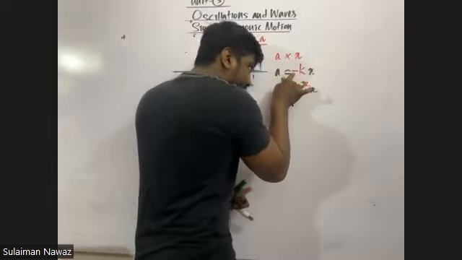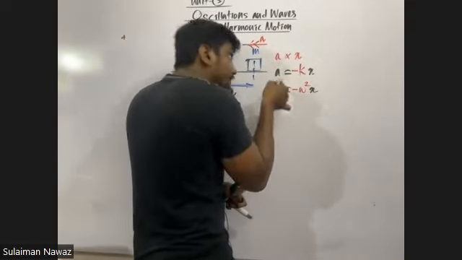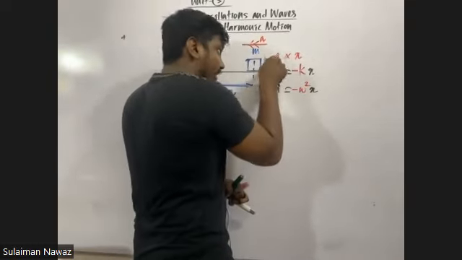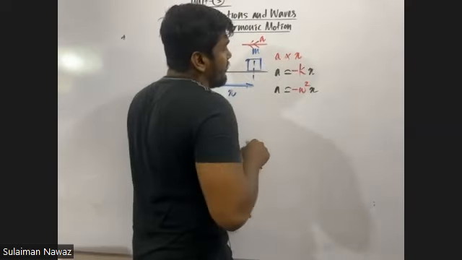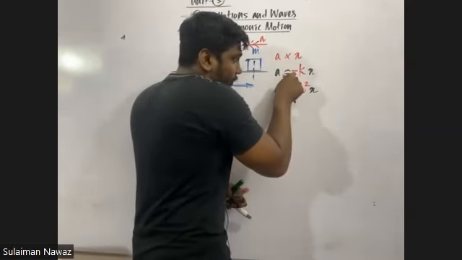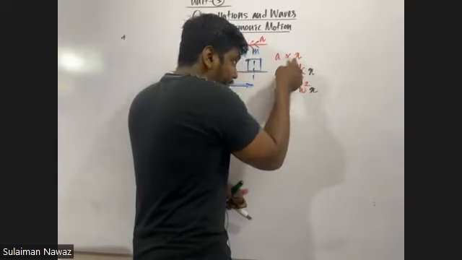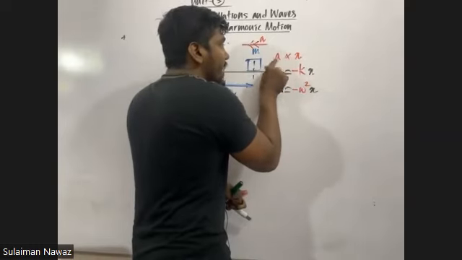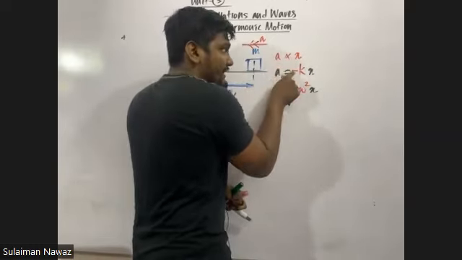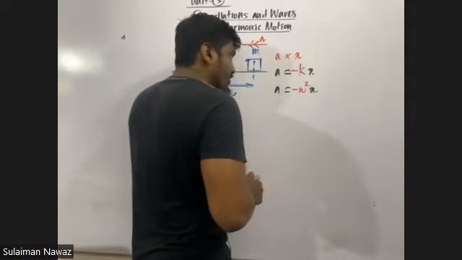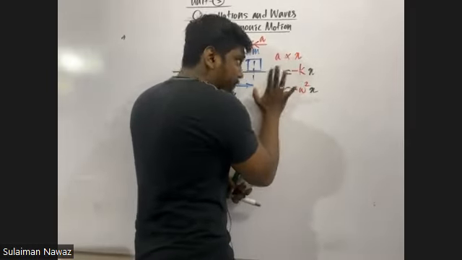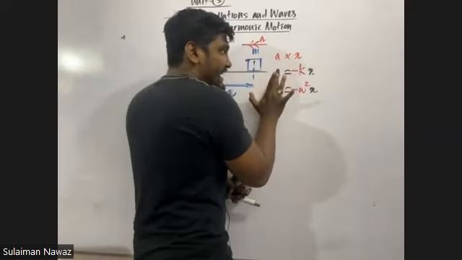We use the negative sign to represent that opposite relationship. But when you do questions, you don't need to bother with this minus symbol. You can take a equals kx.